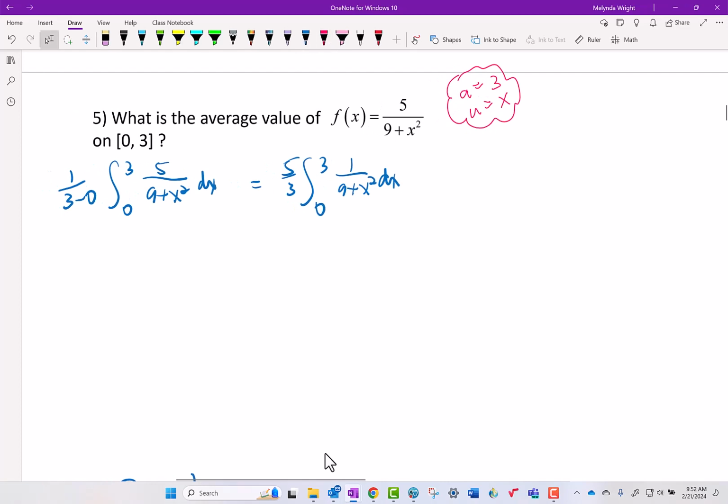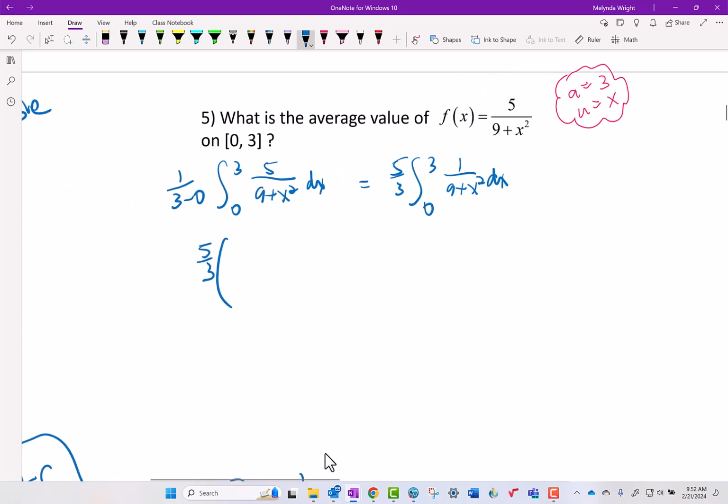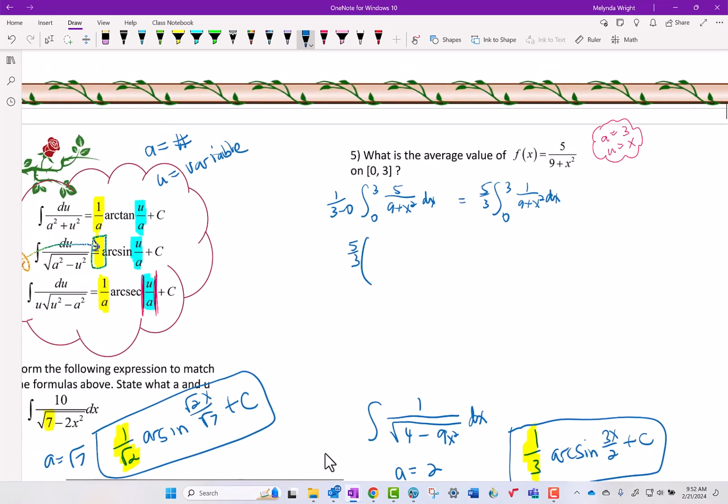So we have 5/3 times the antiderivative, we're doing this formula right here. Okay. So I've got 1 over a, so I've got 1 over 3. I've got arctangent of u over a, so x over 3, evaluated from 0 to 3.